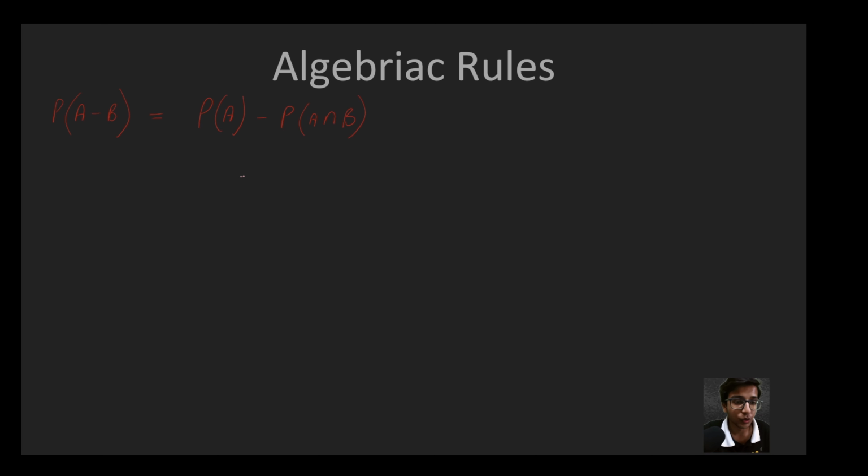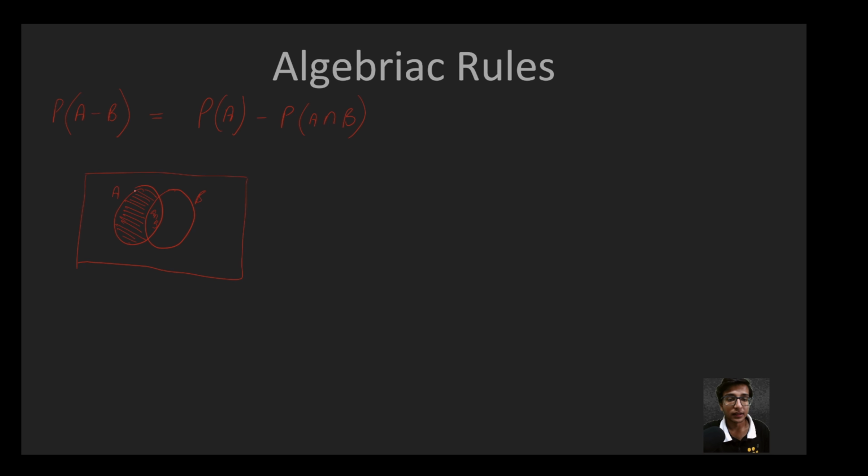If I show this on a Venn diagram, this is my A, this is my B. P(A minus B) is basically this portion. What I did is I took P(A), the entire probability of A, and subtracted the A intersection B portion. So I would get P(A minus B). This is how it is written.